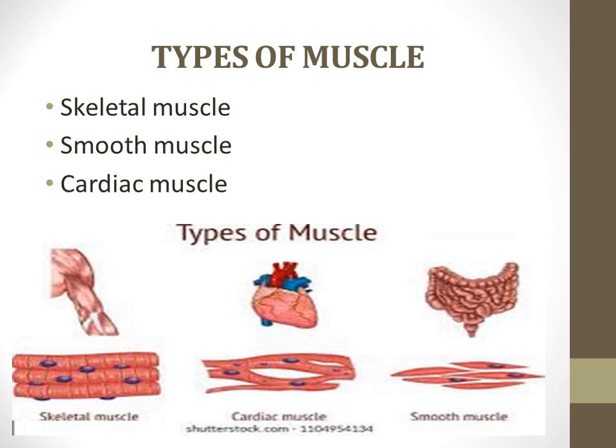Of course, from the name you can understand that skeletal muscles are attached to the skeletal system, right? The second one is cardiac muscle, a special muscle present only in the heart, right? And the third is smooth muscle. It is present in smooth organs of our body, for example the digestive system. They displayed it there. Clear?